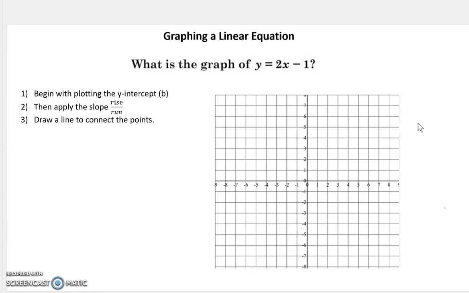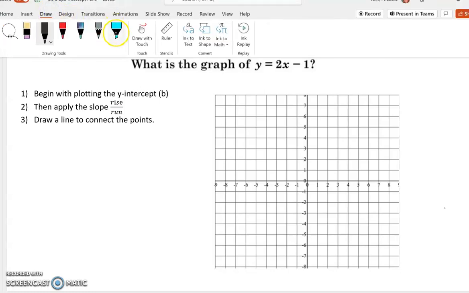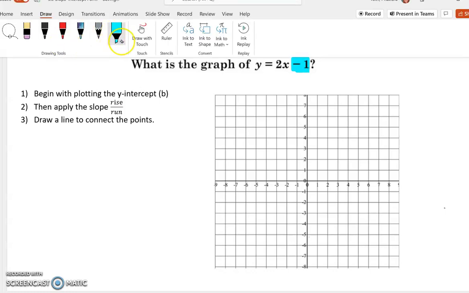So the first thing you need to do is begin with plotting the y-intercept, your b. Now that we know what b is, we can just go ahead. First step, we're going to plot this. We're going to put a point on -1, but remember, it has to go on the y-intercept.